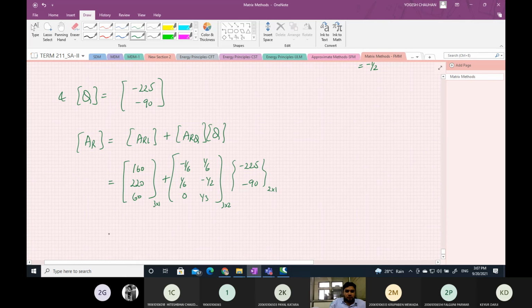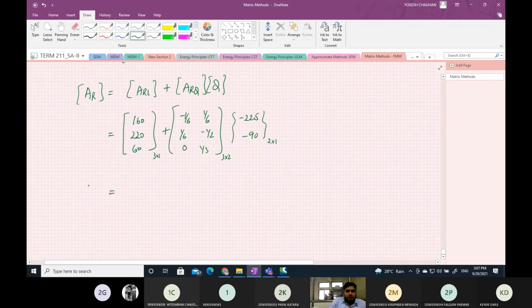Okay, so finally you will get these reactions as AR matrix as 182.5, 227.5 and 30.